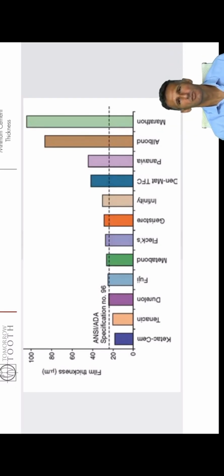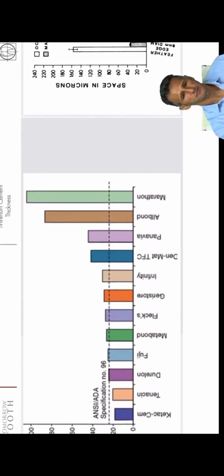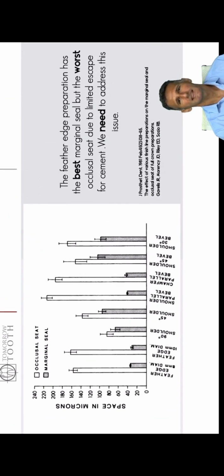It's impossible. So what happened? We have a lot of hydraulic pressure on the walls of the crown, and most of the cement will go on the top of the abutment, and you will not be able to seat the crown correctly on your abutment. And after this explanation, you will understand in a very clear way this study.